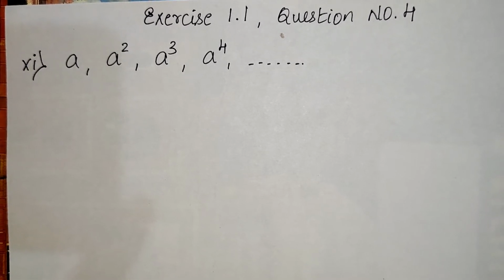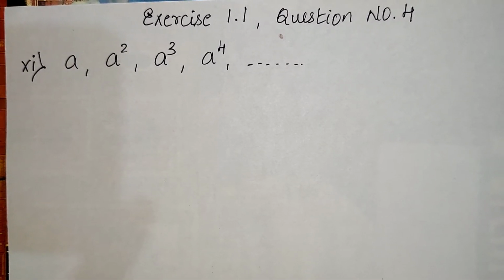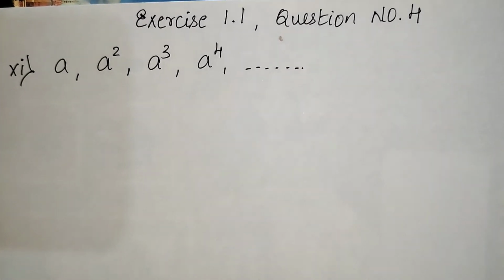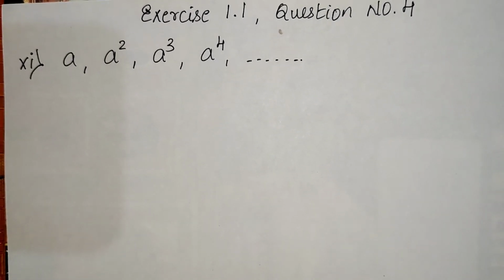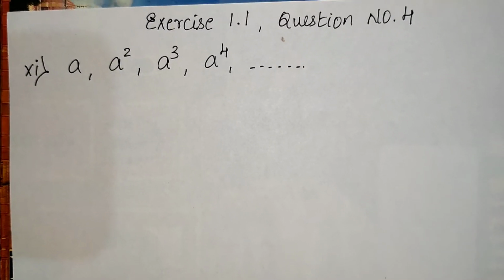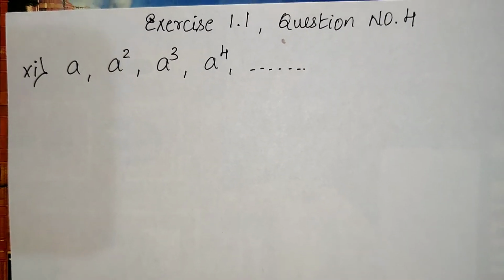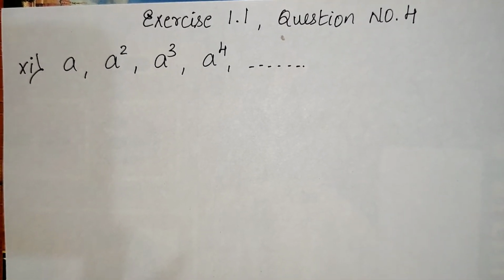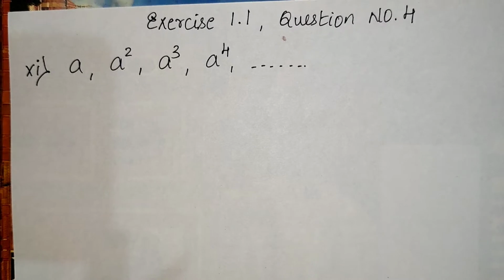It is also denoted by A or A1, A2, A3 and so on. And you must also be familiar with how to find out the next terms in the AP. If you are familiar with that, in my next video we will do the nth term of an AP. So you will understand it in a better way.